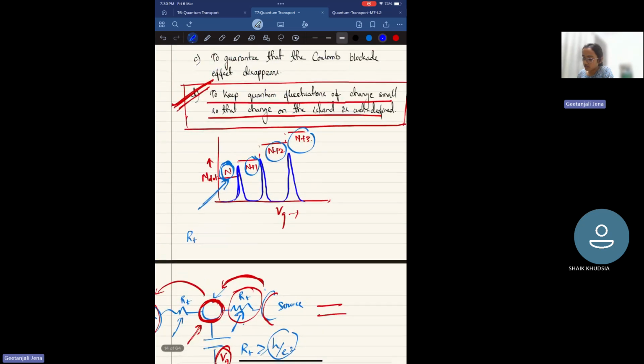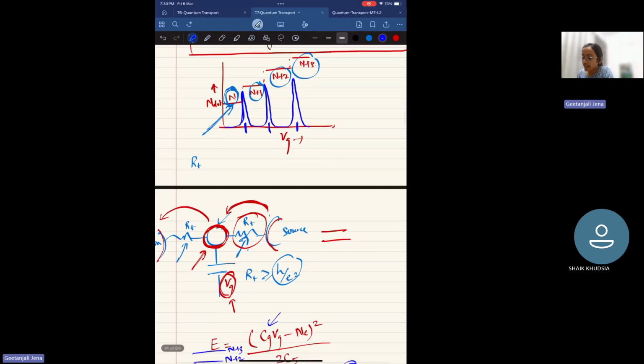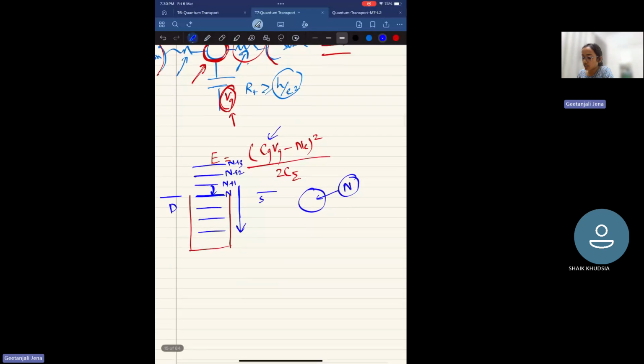If you see the graph, only in this region we will see an increase in the conductance. So it is not like you just put a random gate voltage and you will see the Coulomb blockade effect. That's not the case. Only when the n plus 1 state is properly aligned with this energy level, only in that case we'll see a quantum conductance.